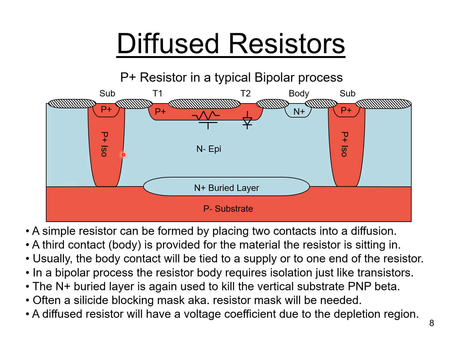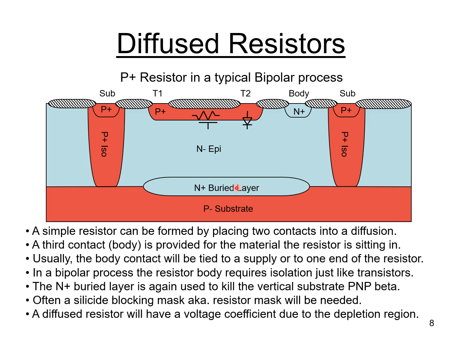The N plus buried layer down underneath the resistor does more than just provide a low resistance path for the body. You don't really need much of a low resistance path there. There's not going to be much current flowing through the body contact. It should be just the current of a reverse bias diode. The N plus buried layer actually does something important here.